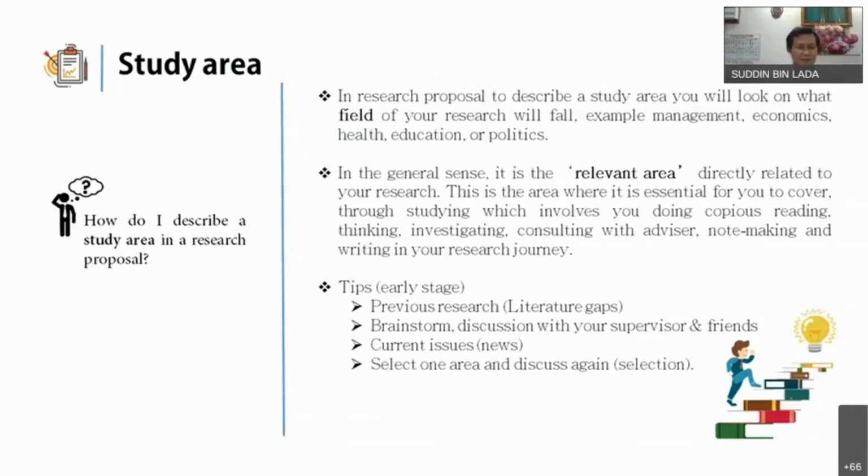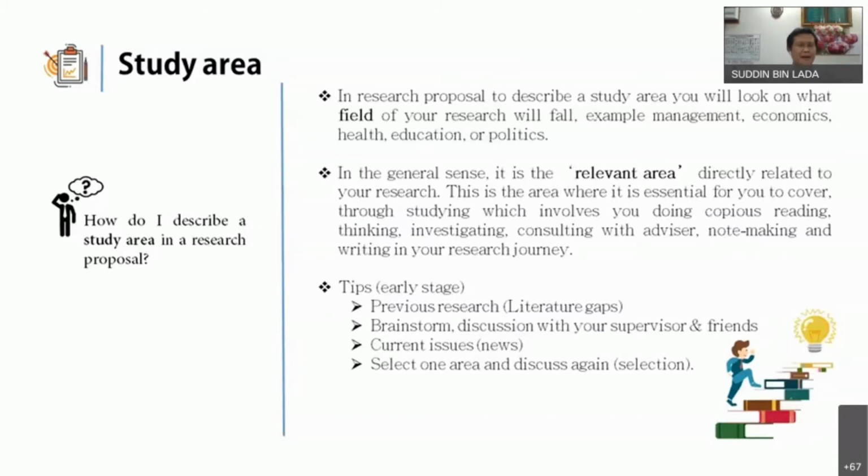And the third one, to help you in early stage, if you already read so many articles and already brainstormed and discussed with your supervisor but are still stuck, what you can do is check the current situation. Let's say now, COVID-19 is very popular. By looking at the general issues of COVID-19, there are so many opportunities in doing research. You can go for medical research, psychological research, management research, or maybe economic research or even attitude research.